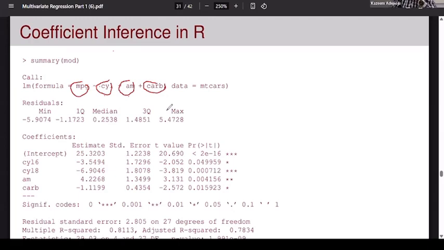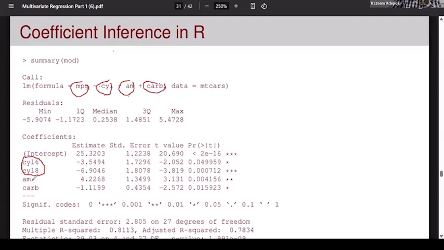How many levels of cylinder do you see? Two, because there are three levels of cylinder. In order not to fall into the dummy variable trap, when you have three levels of a categorical factor, R will only report two levels, and the other level is referenced in the intercept.